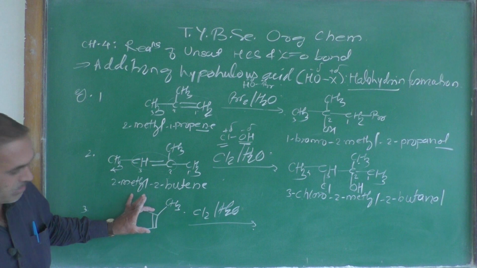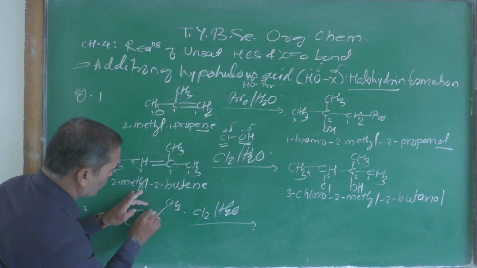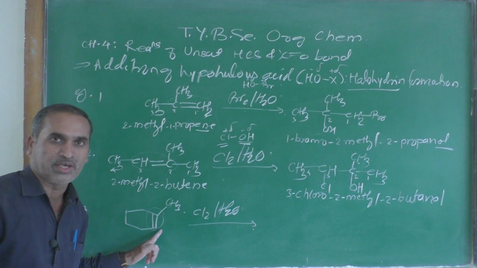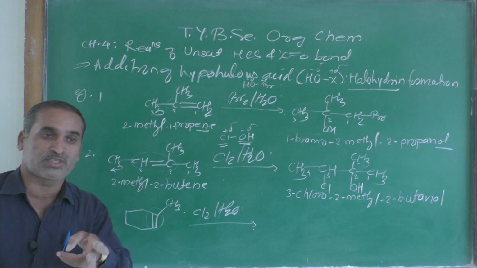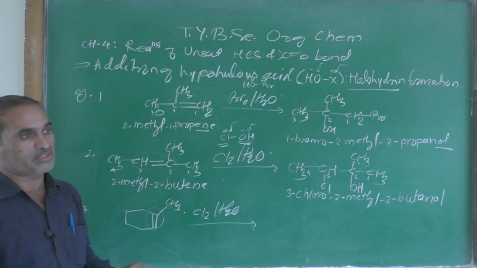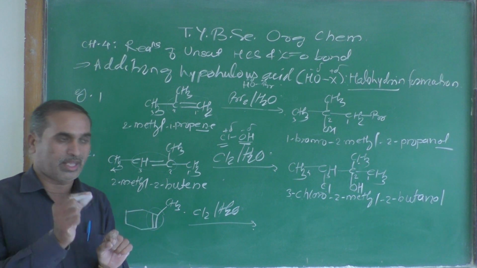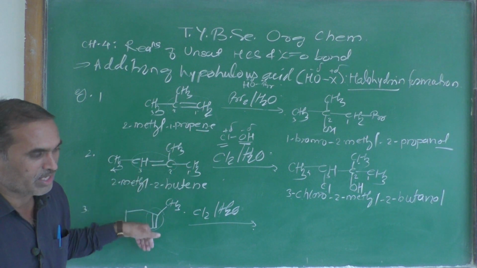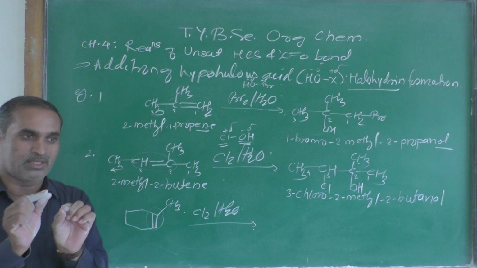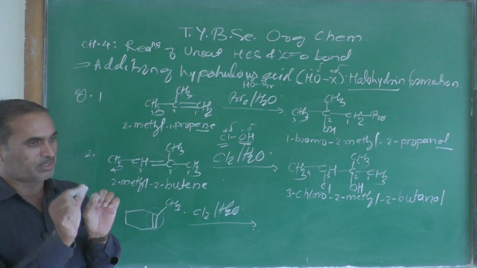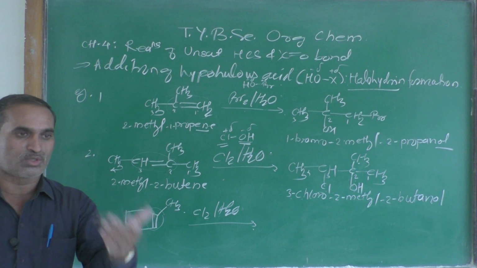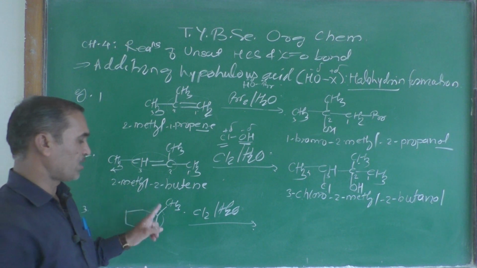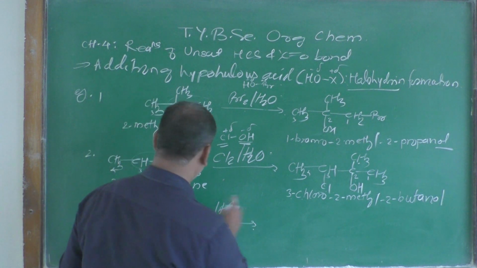Now remember, the olefinic part is this one only. This part is going to change when we add a reagent, and that is called the functional group or the site of reaction. Whenever we add any reagent, a part of the molecule undergoes a change, so that type of site is known as the site of reaction, and this functional group is carbon-carbon double bond.